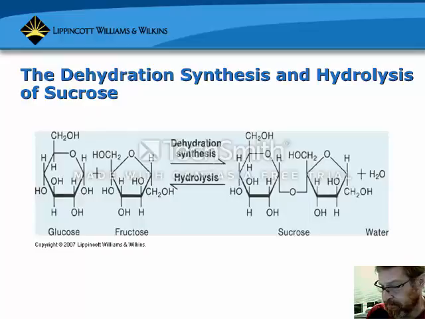Here's an example of sucrose, where you can take a glucose molecule and a fructose molecule, and removing some water, you'll get a disaccharide, sucrose.